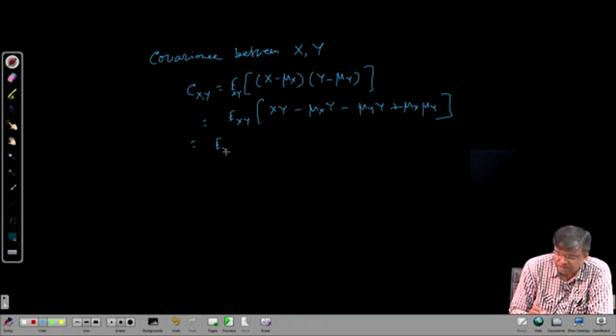So, if you apply E x y on this, the product of the two random variables, their average expected value, it is called correlation. It is denoted by correlation.